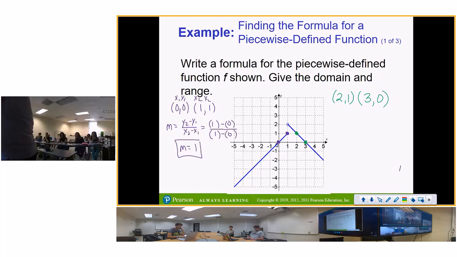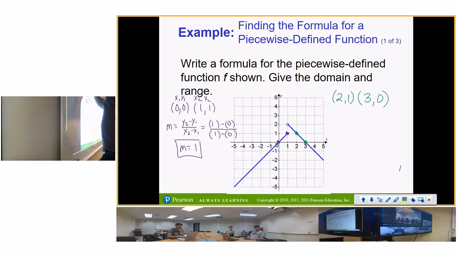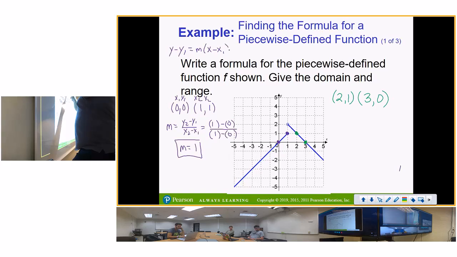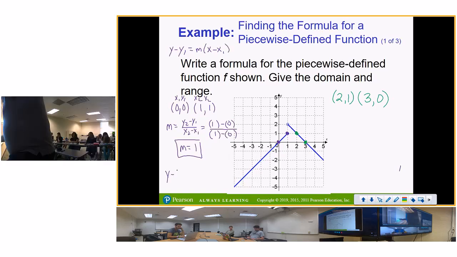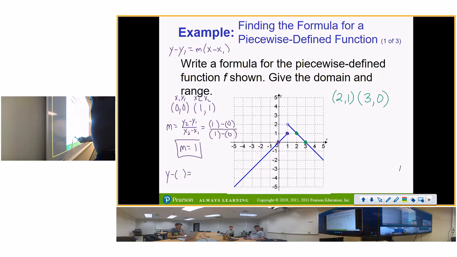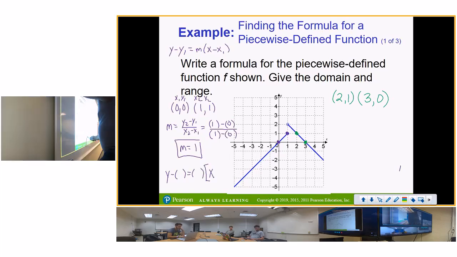Now we use the point slope equation. What's the point slope equation? Point slope equation is y minus y sub 1 is equal to m times x minus x sub 1. Y minus parentheses equals parentheses times x minus parentheses. And I'm going to pick 0, 0, of course. Why am I going to pick 0, 0?